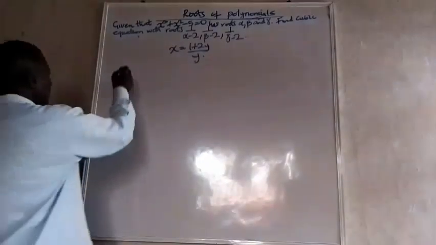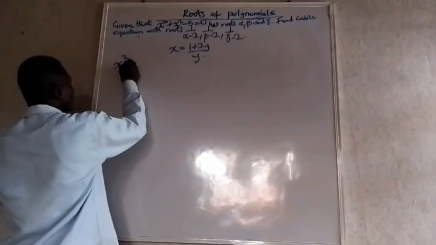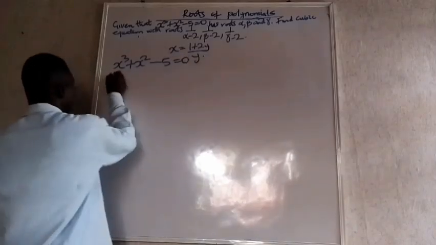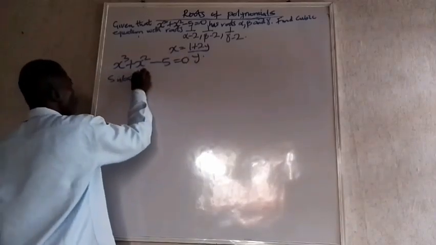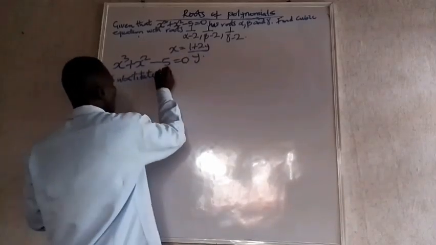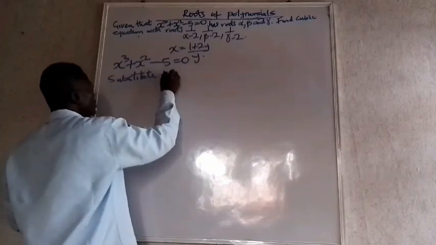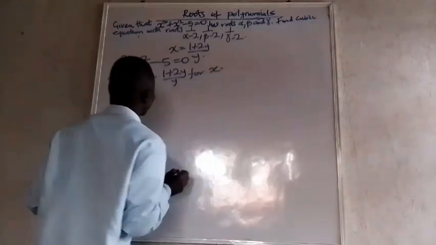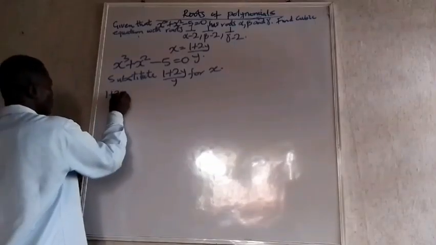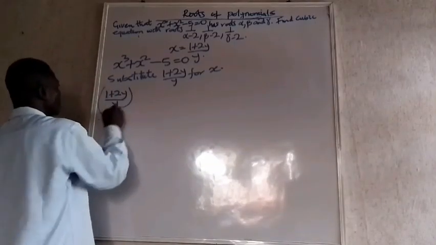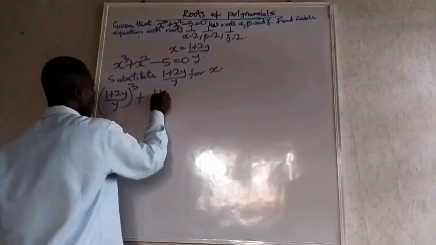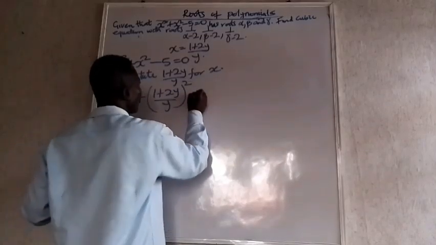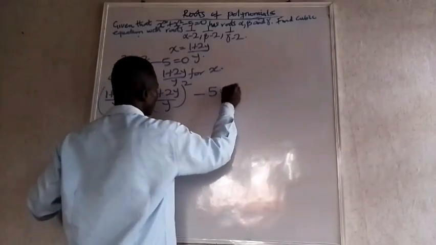And the equation is x cubed plus x squared minus 5 equals 0. So substitute 1 plus 2y over y for x. Now write (1 plus 2y over y) cubed plus (1 plus 2y over y) squared minus 5 equals 0.